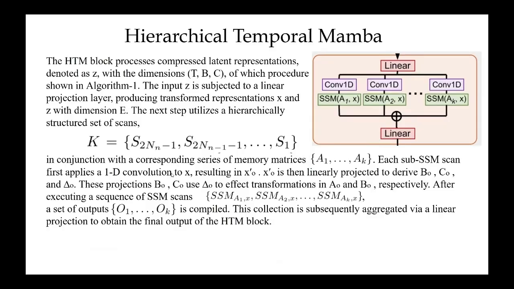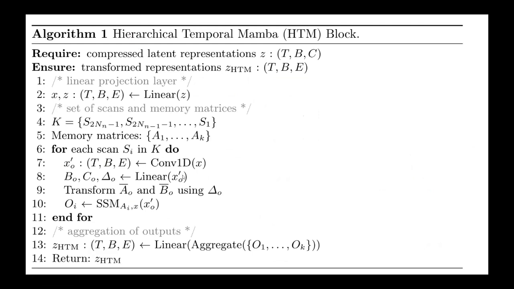Now X dash o is then linearly projected to derive B naught, C naught, and delta naught. So this X dash o is passed to a linear projection layer, which will give B naught, C naught, and delta naught, which are further used in SSM, whose procedure I have explained in previous slides.